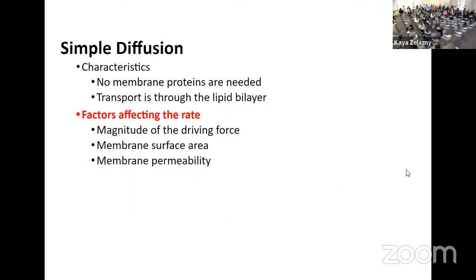We're starting with simple diffusion. We're thinking about our cell, our plasma membrane, and its composition. We know that that membrane is mostly made up of our phospholipids.